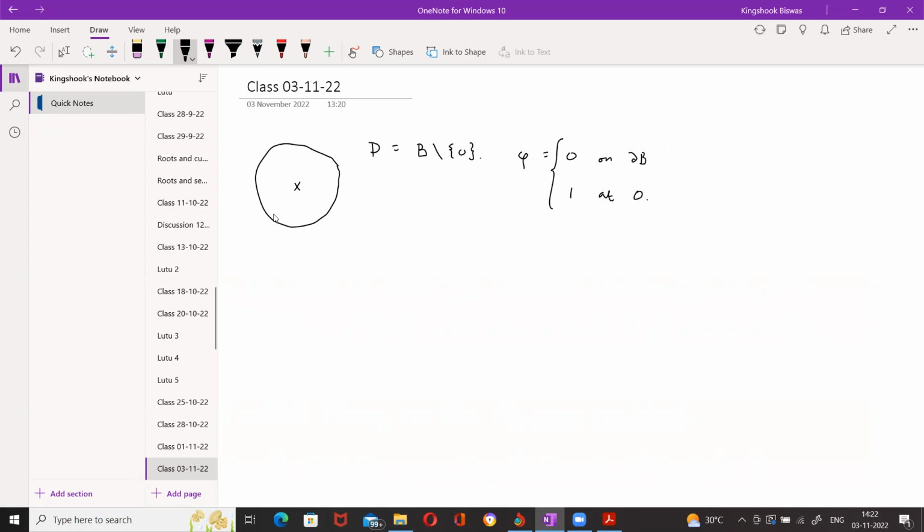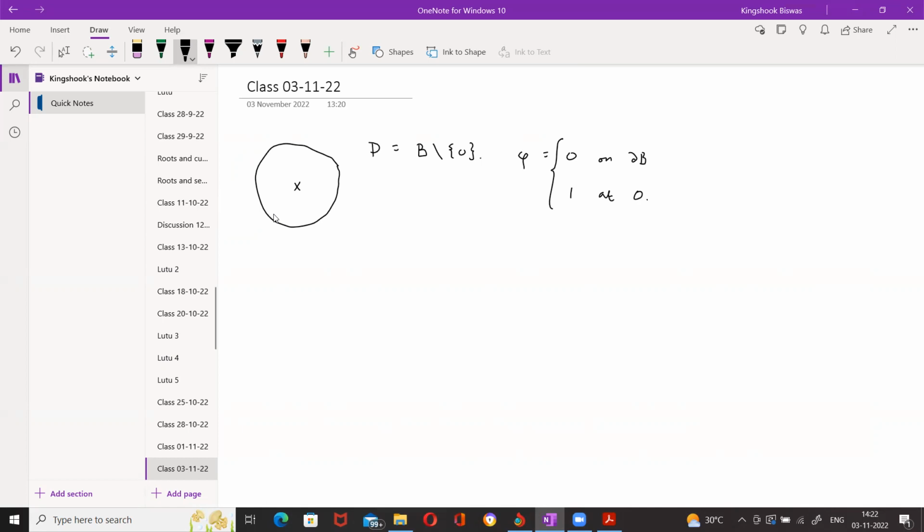Because by the maximum principle, any solution will be bounded on this domain, right? And then you can use a result that for bounded harmonic functions, points are removable singularities. So actually, the harmonic function will extend to the whole ball.